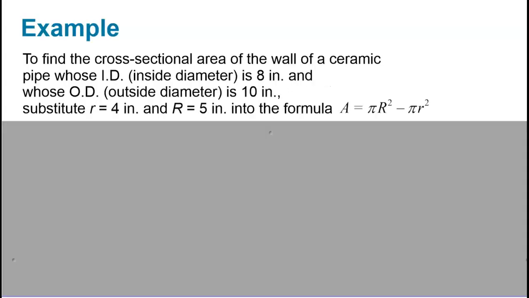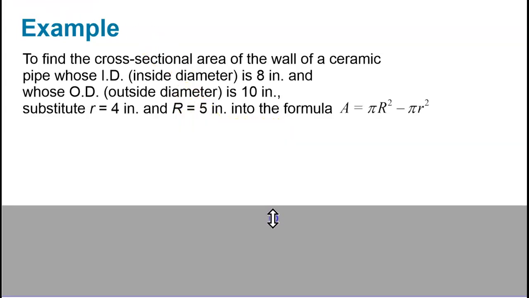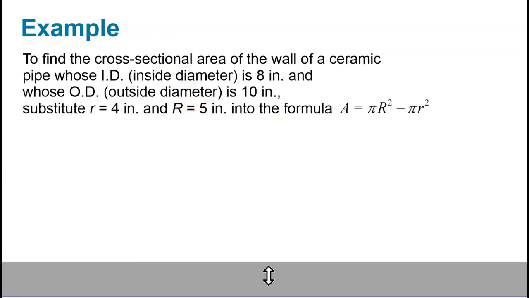So if we're looking for a cross-sectional area of the wall of a pipe that has an inside diameter and an outside diameter, then you basically turn that into a substitution problem, where the inside radius is your little r and your outside radius is your big R.